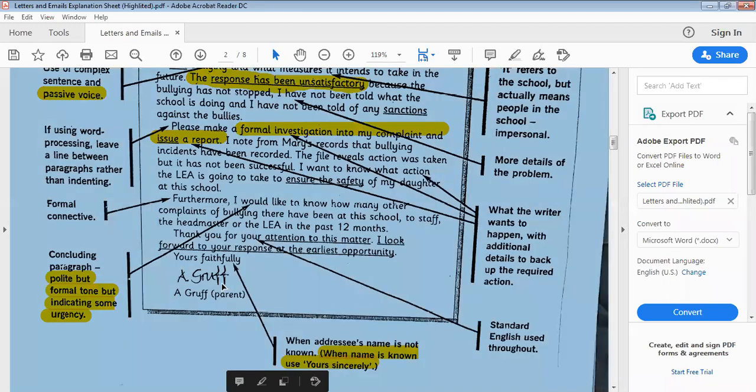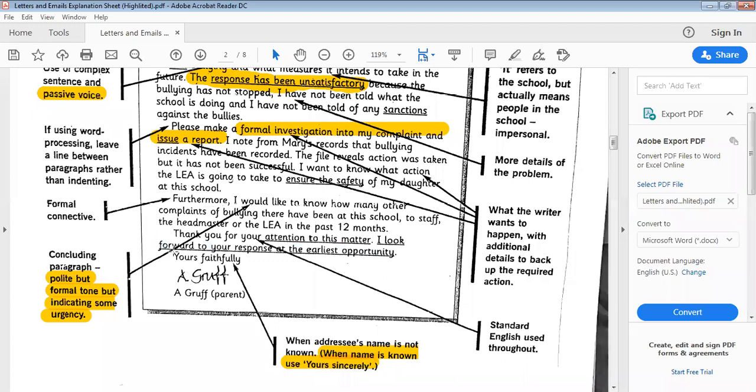Now, I want you to pay attention to how he ended the letter. Yours faithfully, never mind the signature. You can find it in the reading text, but of course you're not required to do it. And then the name. Now, if you remember the difference between faithfully and sincerely, look at this yellow highlighted part.